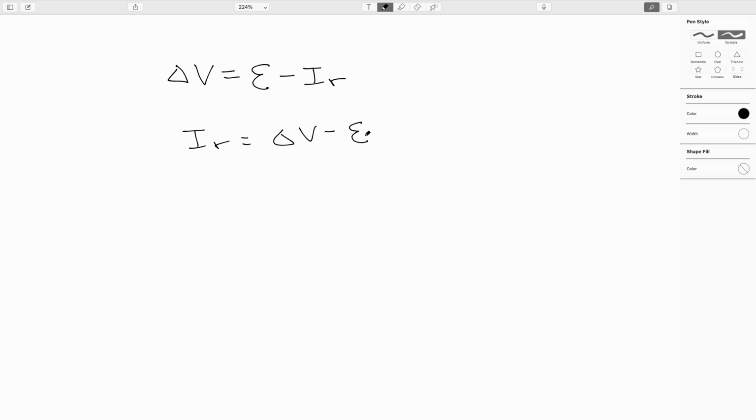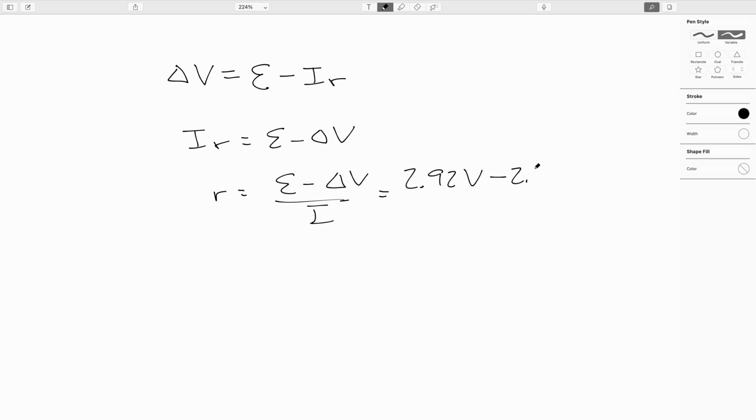Whoops. My bad. E minus delta V. So then little r is E minus delta V over I. So I measured the battery EMF to be 2.92 volts minus 2.73 volts was the terminal voltage that we saw in the picture.